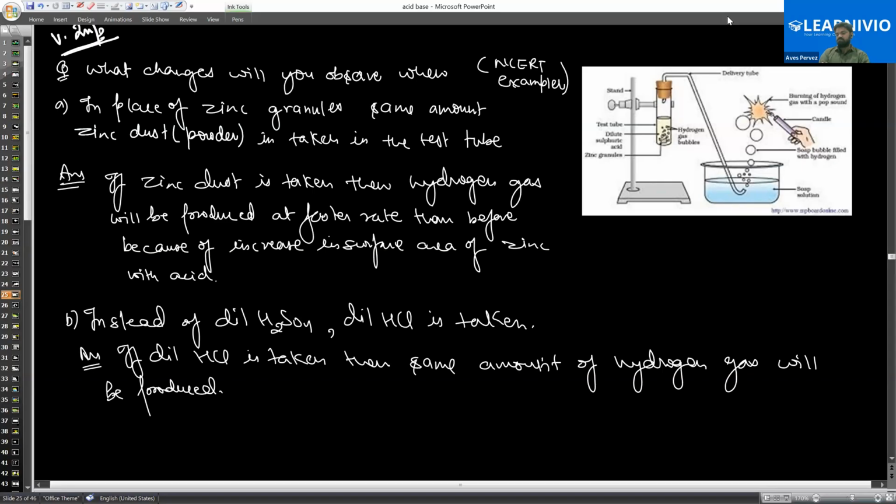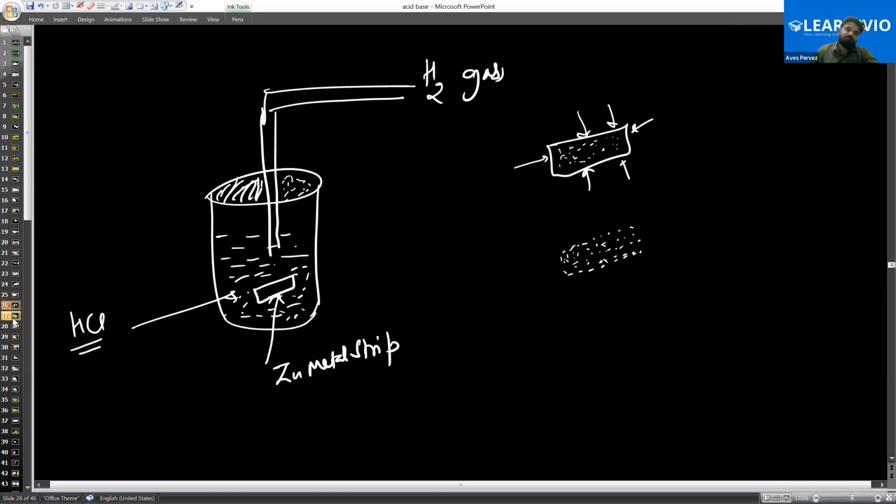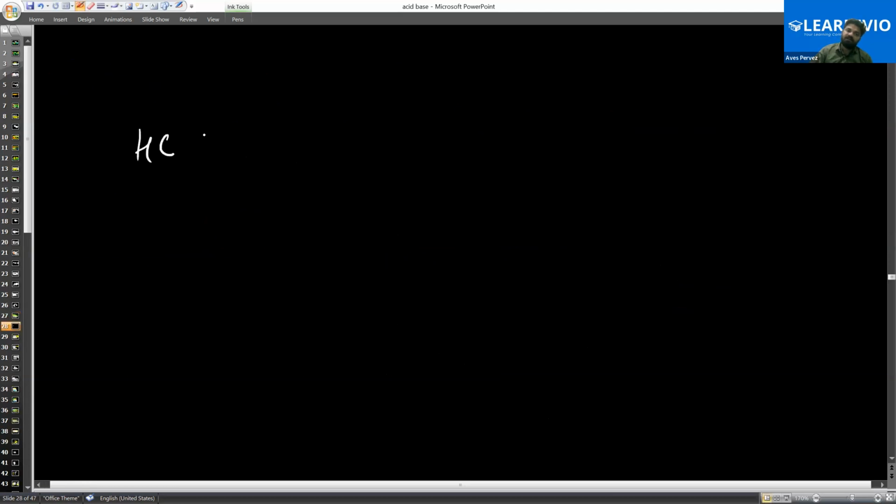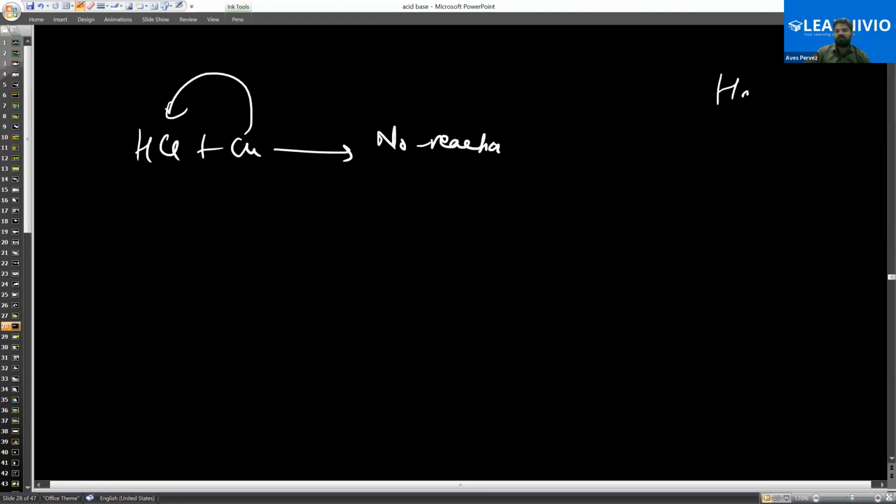In place of zinc, if you take copper, and the acid is HCl, there will be no reaction, because copper is less reactive and will not be able to displace hydrogen in the reactivity series.